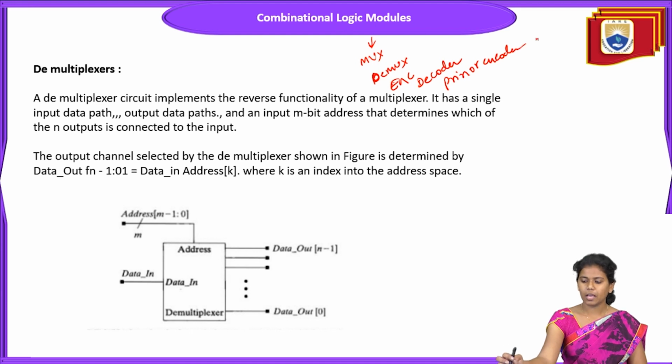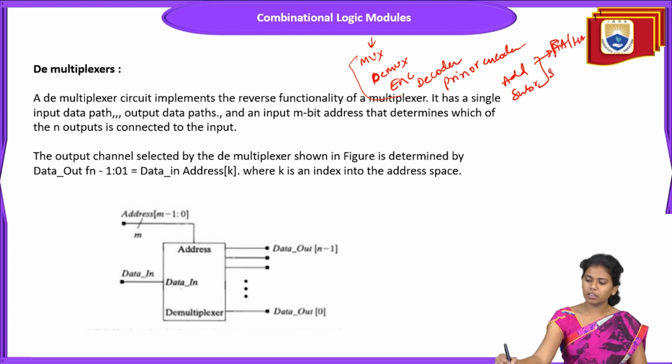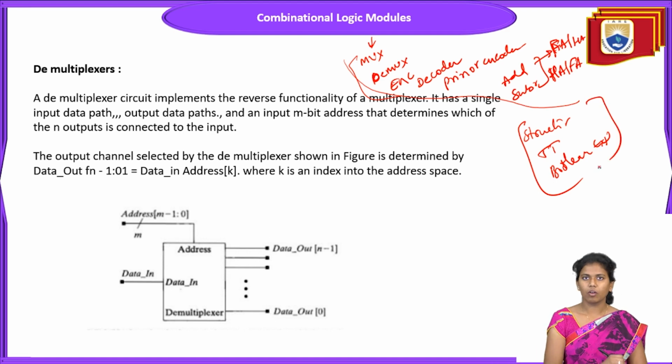We may also consider adder, subtractor and all. Under adder, full adder and half adder. Under subtractor, half subtractor as well as full subtractor. These are the different combinational logic modules that we can observe with respect to the structure, truth table and the Boolean expression.